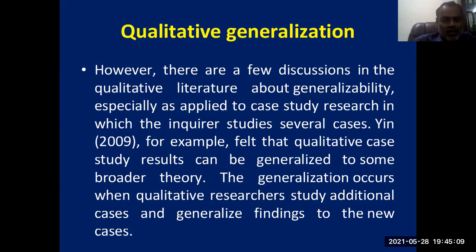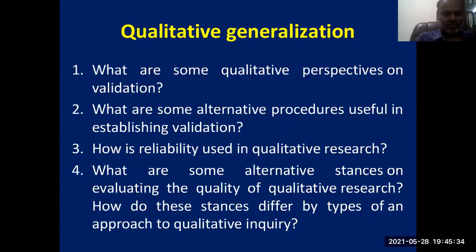For example, qualitative case study results can be generalized to some broader theories. Generalization occurs when qualitative researchers study additional cases and generalize the findings to a new case. It is possible, but in 99% of cases, qualitative study is not meant for generalization. It is context-specific or site-specific, so it's better to avoid generalization.